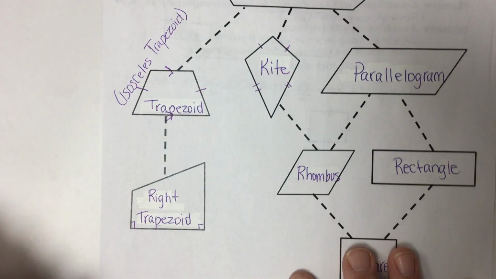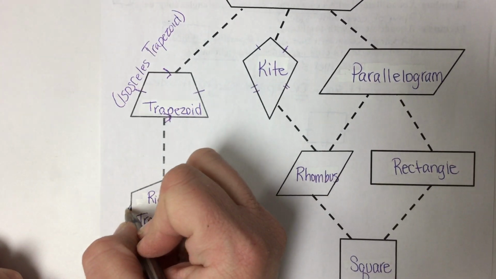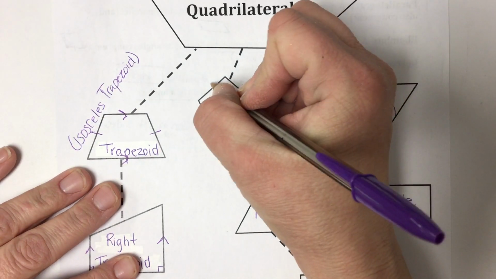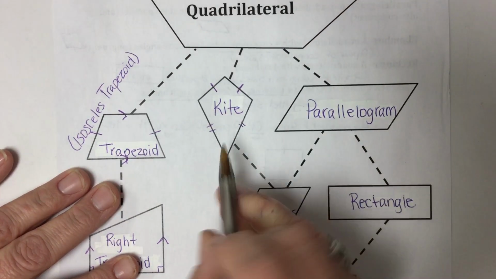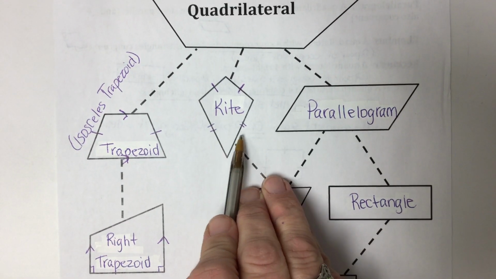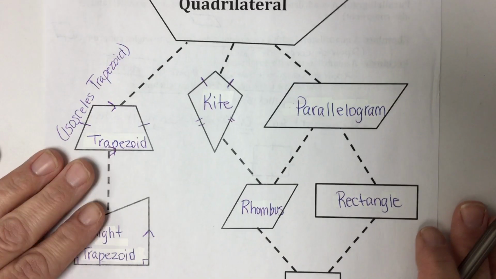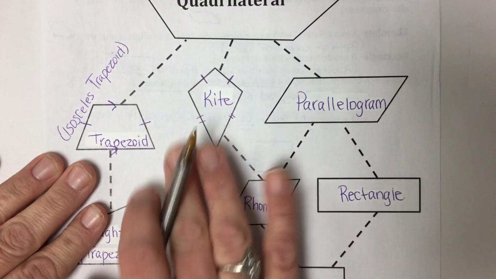Okay, the right trapezoid has one pair of parallel lines and two right angles. The kite, like we just said, has adjacent sides that are congruent and nothing parallel, no parallel.